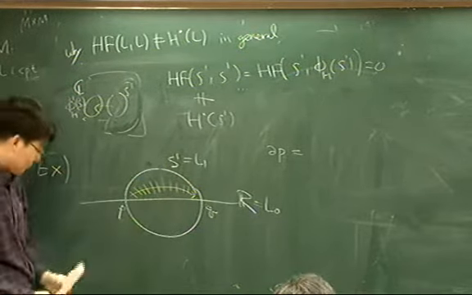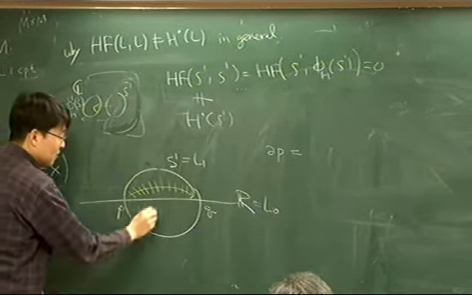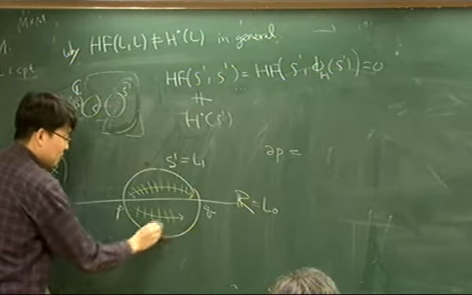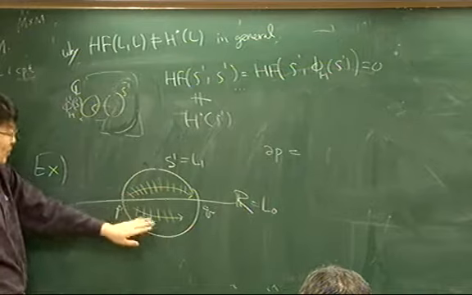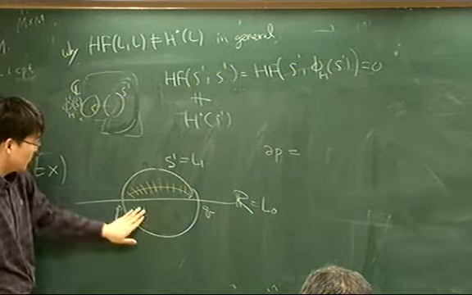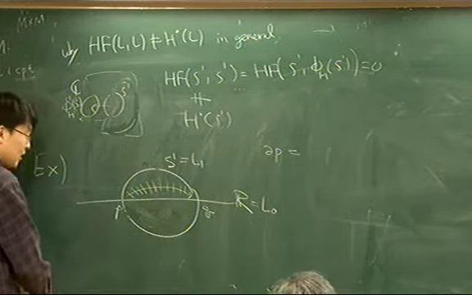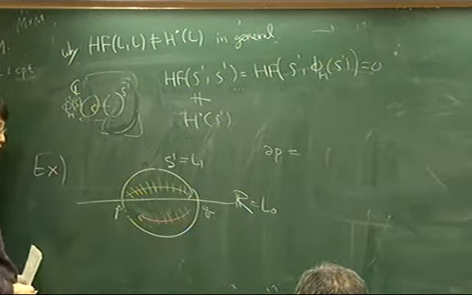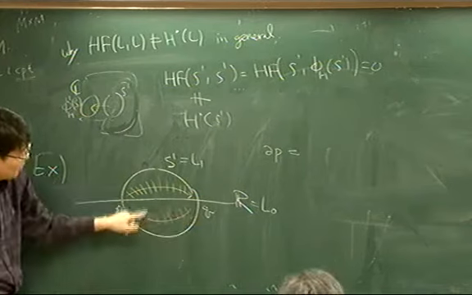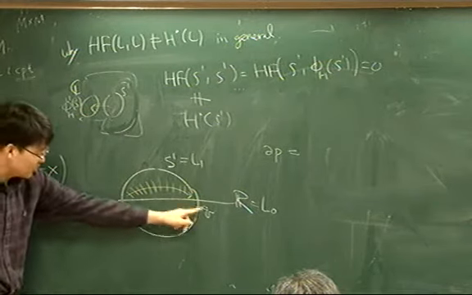So this would not be a correct holomorphic strip because the top went to L0 and the bottom went to L1. So this is not. Instead, the other direction. This is a proper holomorphic strip because the bottom of this holomorphic strip went to L0 and the top went to L1.